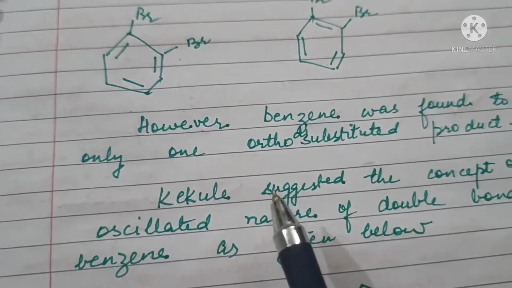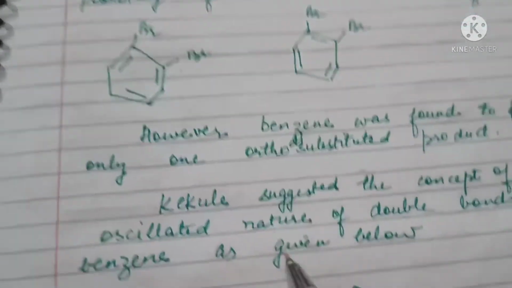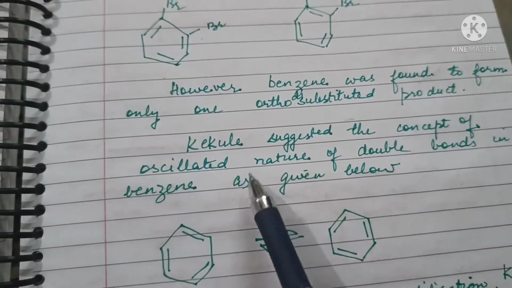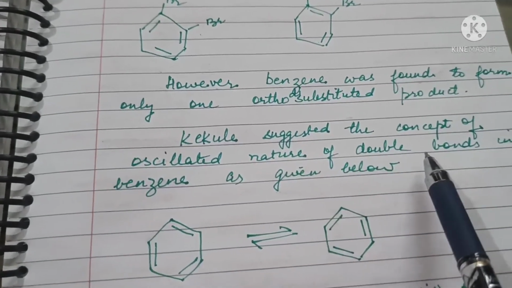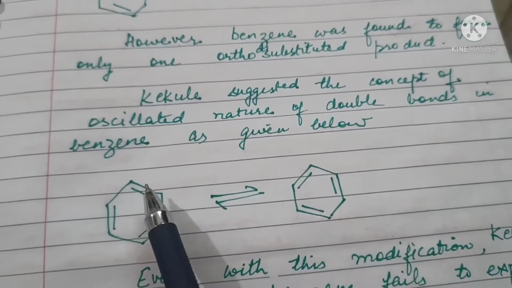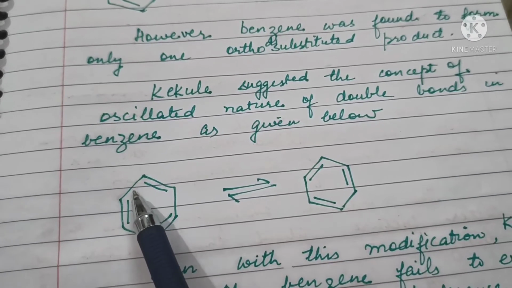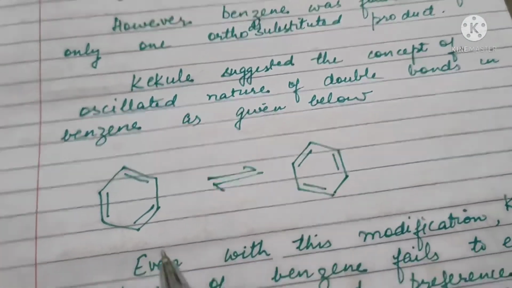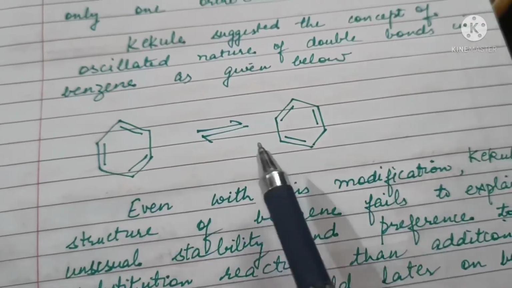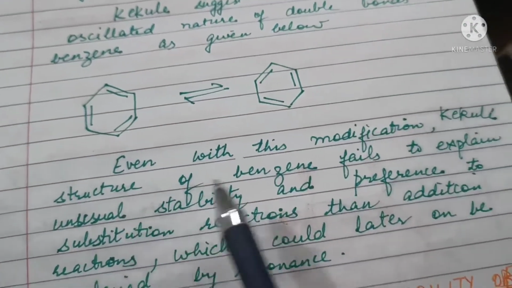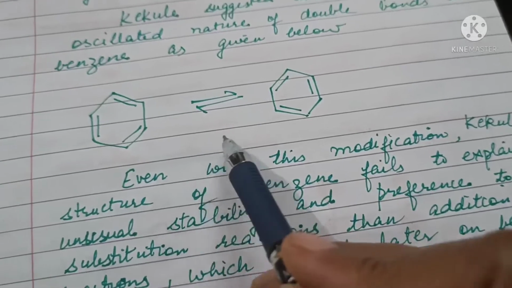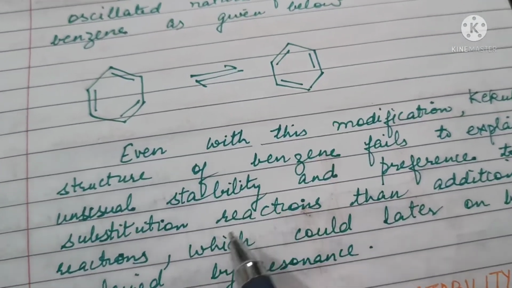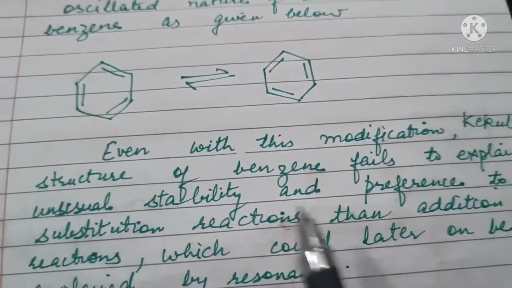To explain this property, Kekule suggested the concept of oscillating nature of double bonds in benzene. That is, the double bonds keep migrating from their usual position to the next position and back again to the same position. Even with this modification, Kekule's structures could not explain the unusual stability and preference for substitution reactions.